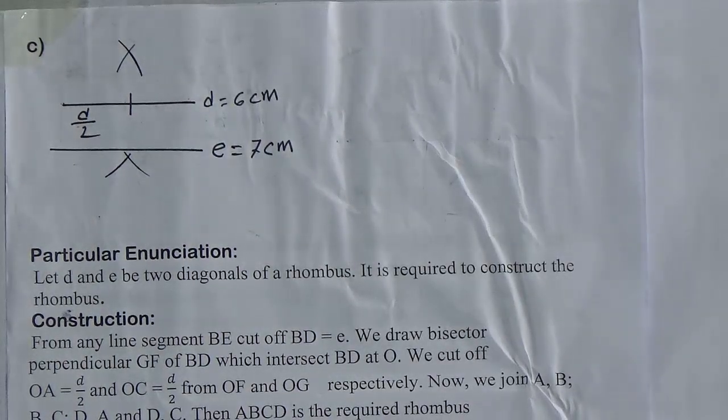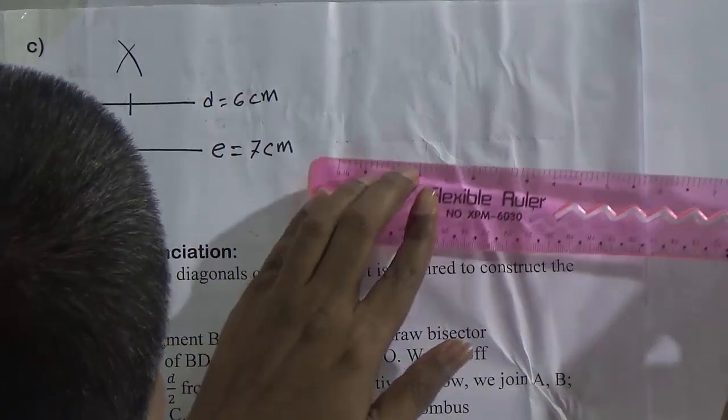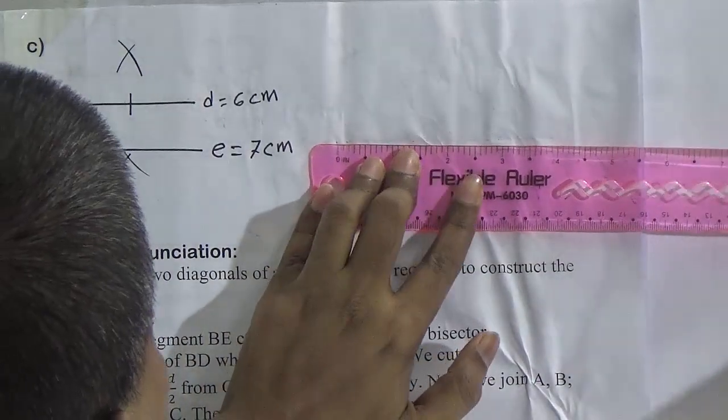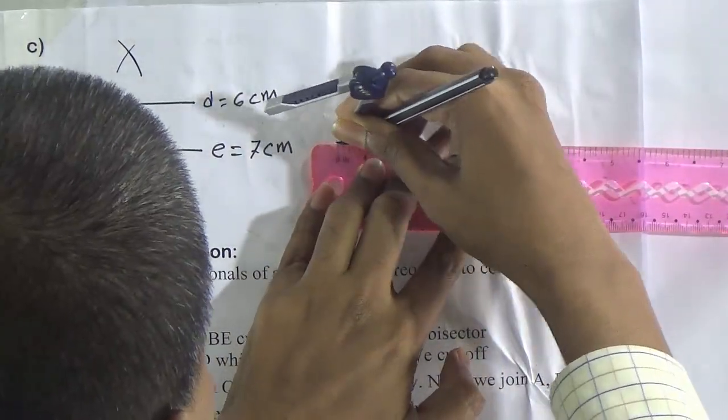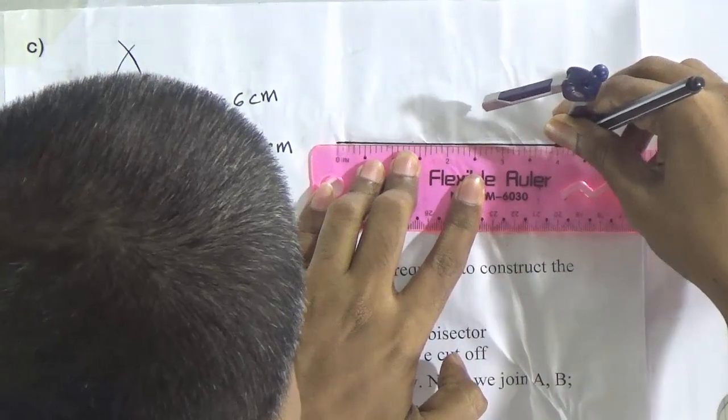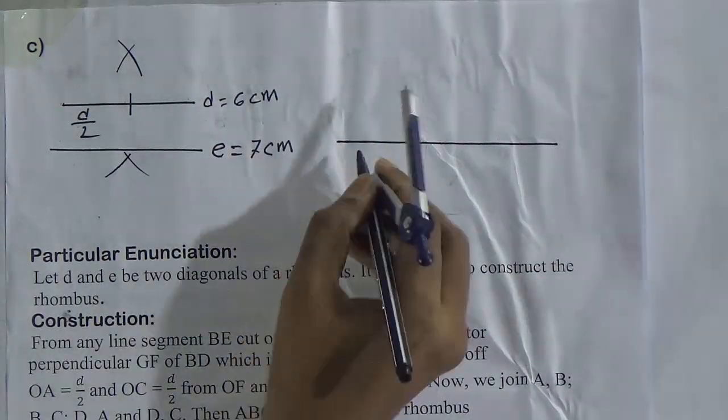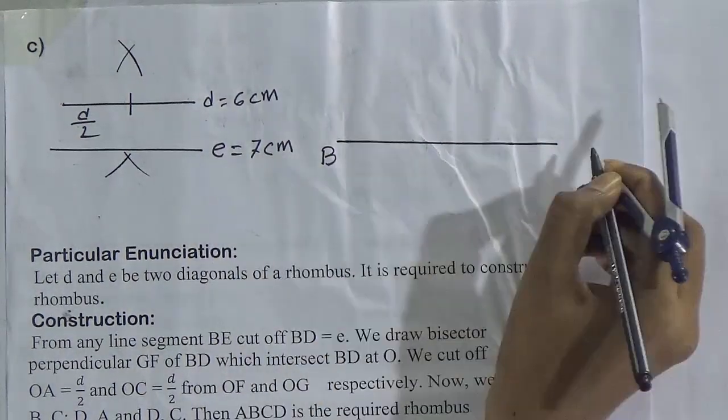Okay, dear student. Now we have to draw a rhombus. So you take at first any ray BE.